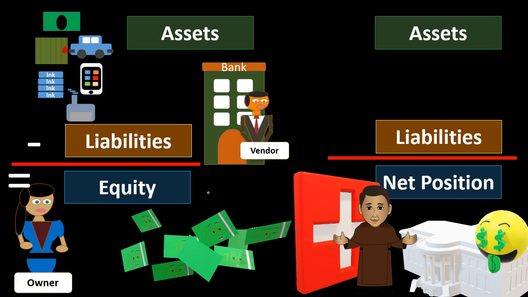The difference is that equity typically represents the value to the owner, whereas the net position, because we don't have a particular owner that can claim value, is the net worth, the assets over the liabilities that can be used in the future in order to achieve whatever the objective of the organization is. That could be a charitable type of organization or whatever the services that need to be rendered from the governmental type of organization.